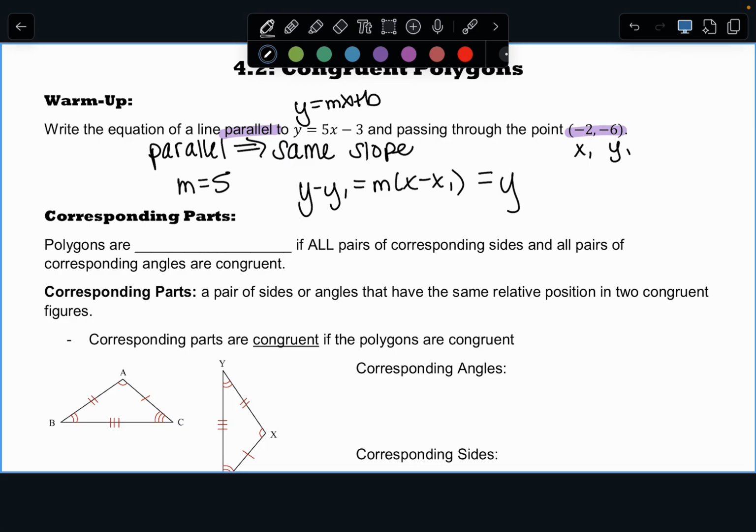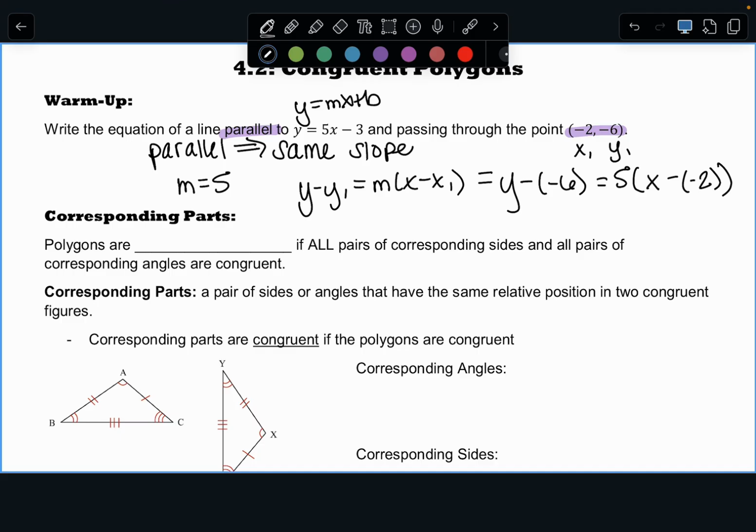So our y stays, that's going to be our variable in our slope-intercept form. y1 is negative 6, m is 5, x just stays as x, and x1 is negative 2. Once I solve this equation for y, I'm done.